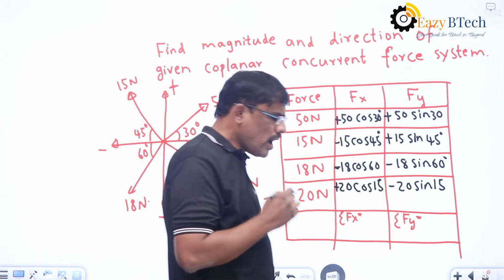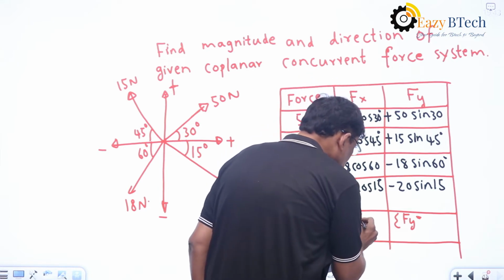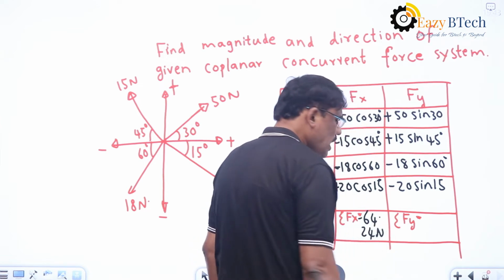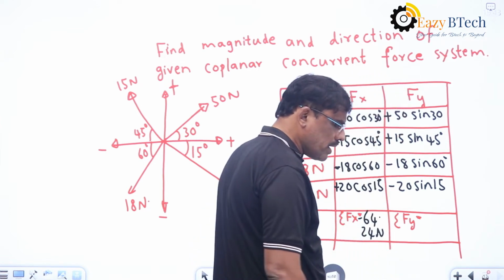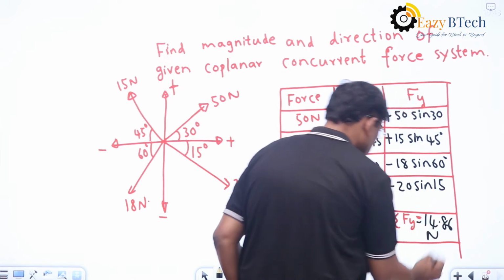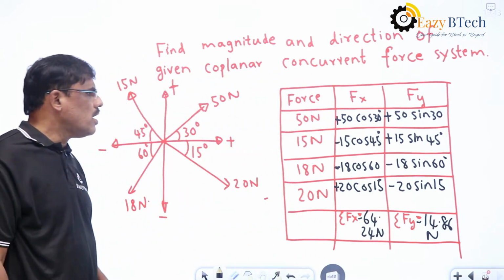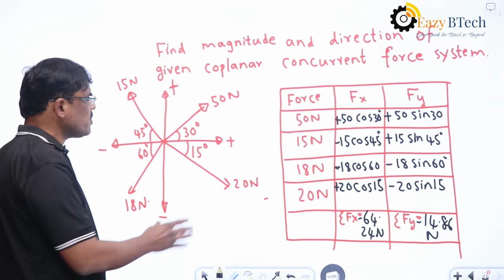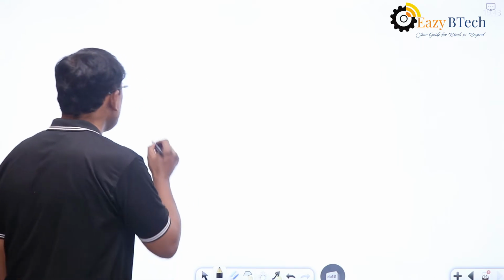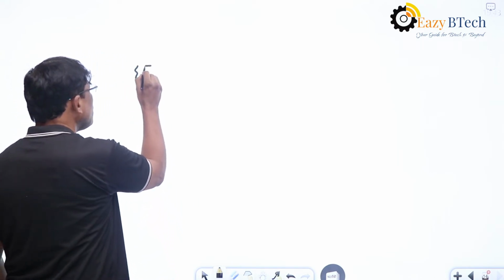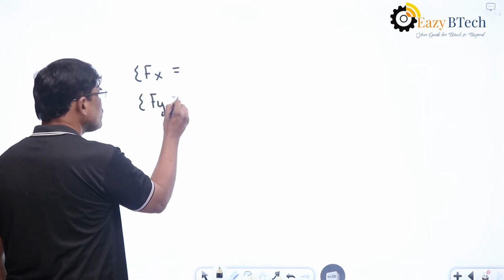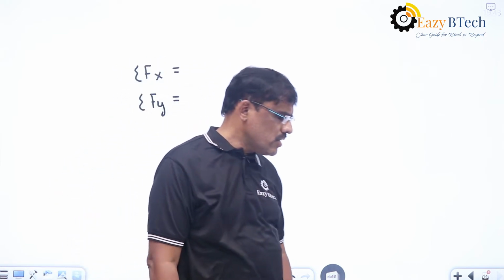If you add all these components, sigma Fx becomes 64.24 newtons and sigma Fy becomes 14.86 newtons. The first two steps in finding the resultant are over.